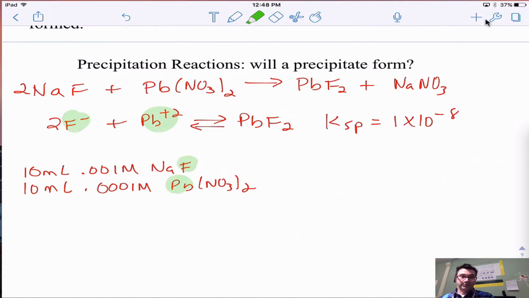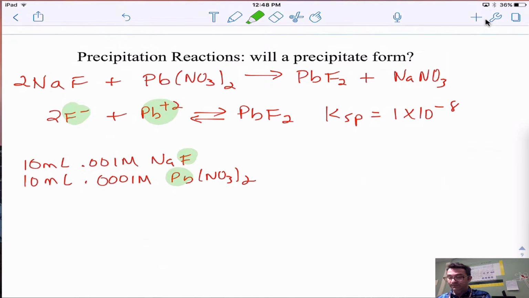We have 10 milliliters and 0.001 molar. When I multiply them together, I would have 0.01 millimoles of F⁻, and for my Pb I would have 0.001 millimoles of Pb²⁺.